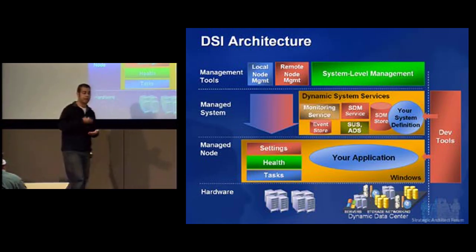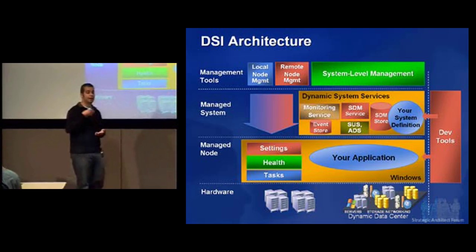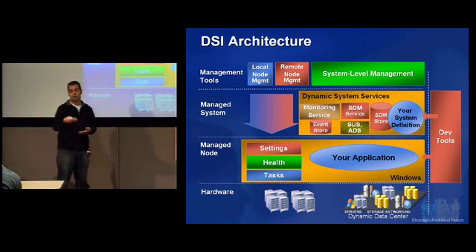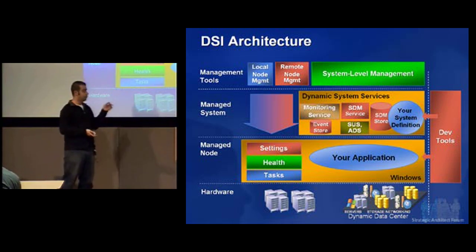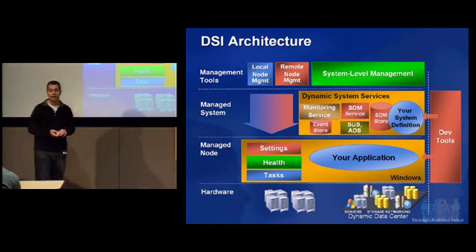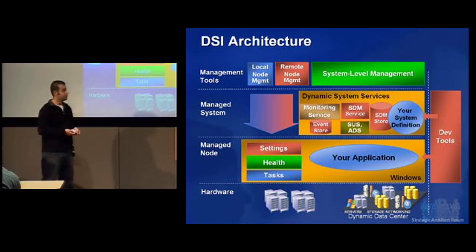So we can allocate storage, create VLANs, and provision machines, all very dynamically based on application needs, and it gives us a framework for doing that. I'll point you to a white paper on this, and I don't know how many of you were at WinHEC, but we did a great demo of this there with HP.